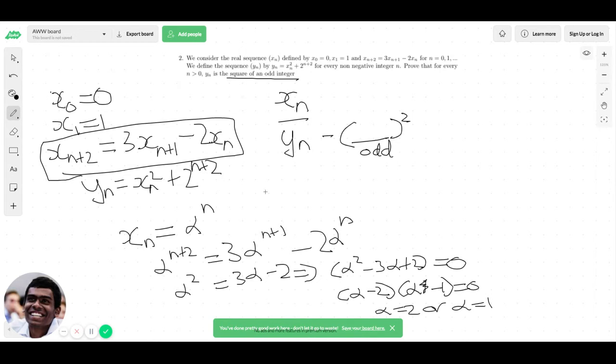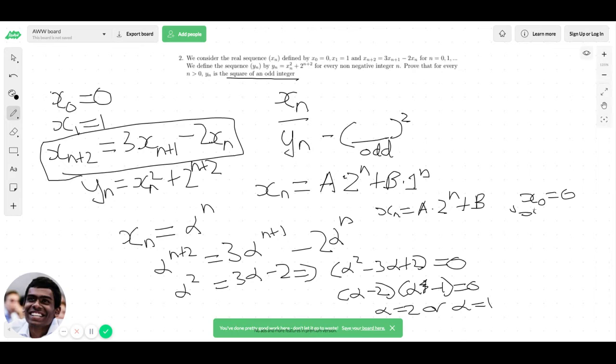In fact, what this means is that x_n equals some constant a times 2 to the n plus b times 1 to the n. That means that x_n just equals a times 2 to the n plus b. And we can use our x_0 equals 0 and x_1 equals 1 to solve this.